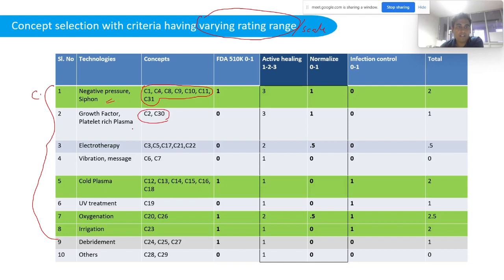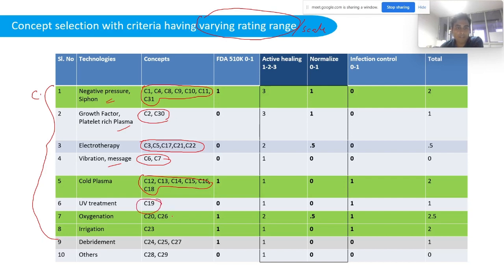C2 to C30 using growth factor. These are various technologies for how you can develop wound dressing. Then these are again concepts for electrotherapy, two concepts from vibration, then another cold plasma. There are one, two, three, four, five, six concepts. Likewise, based on the various technologies we have a lot of concepts.